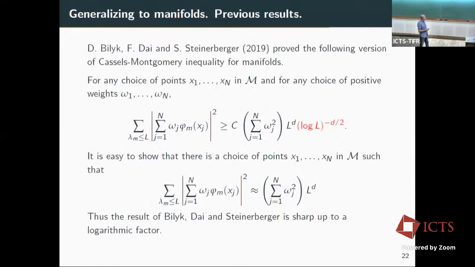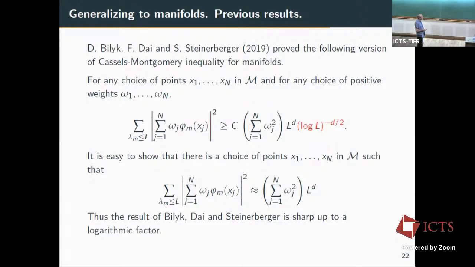Okay, so this result has been previously generalized to manifolds. So Brandolini, Dai, and Steinerberger proved this version. So as usual, we are in a manifold, the usual notation, x1, ..., xn in your manifold. You take them as you want, take any weights.